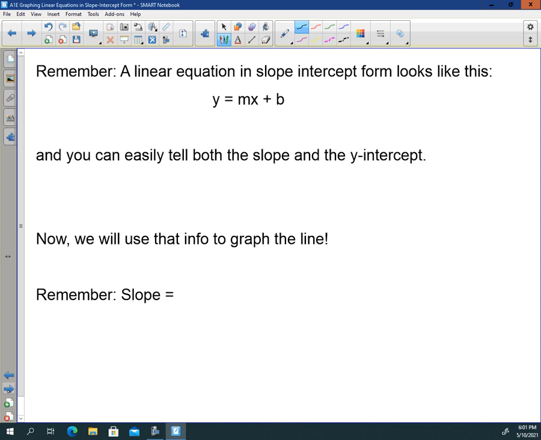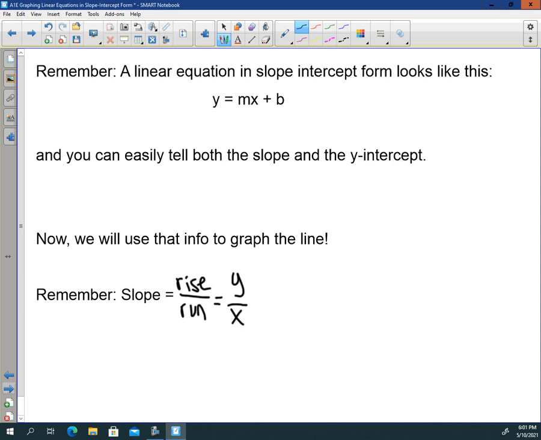And these are the pieces that we're going to use in order to graph. So we're about ready now to use that information to graph the line. But I wanted to remind you of one thing: slope is rise over run, which is like the y values over the x values, the up and down over the side to side, the rise over the run.